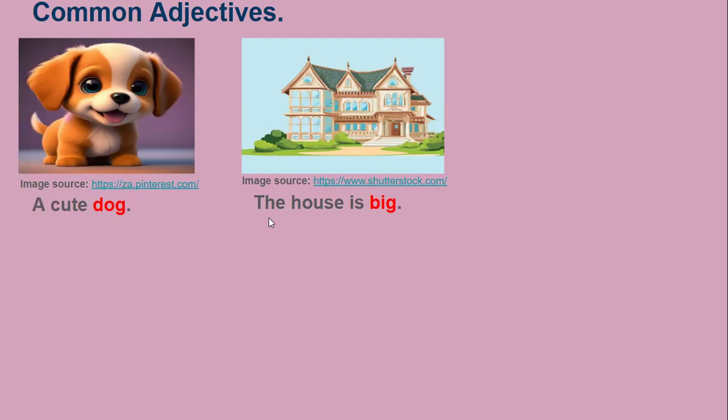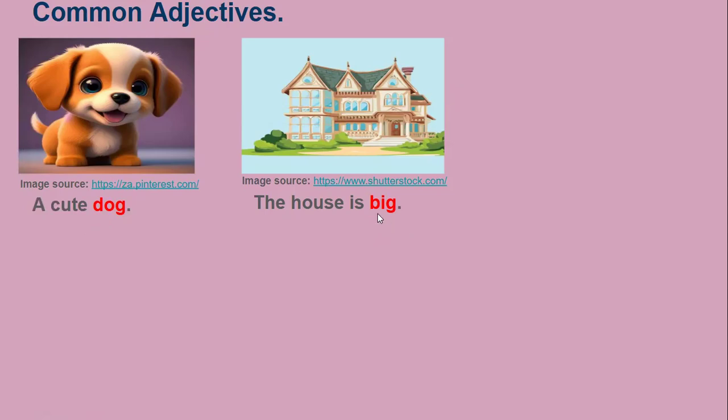Secondly, the house is big. You can see here, the adjective comes after the verb to be, is. But in the first sentence, I did not use a verb to be, so the adjective was before the noun, before the name of an animal.